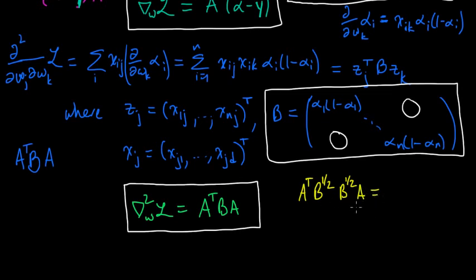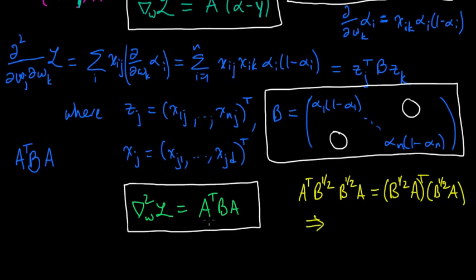And this thing then becomes square root of B A, transpose, times the square root of B A. And for a matrix like this, you can verify that the eigenvalues are always non-negative. That's an easy thing to check.